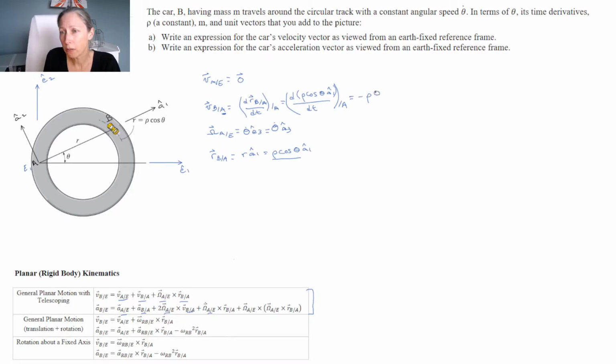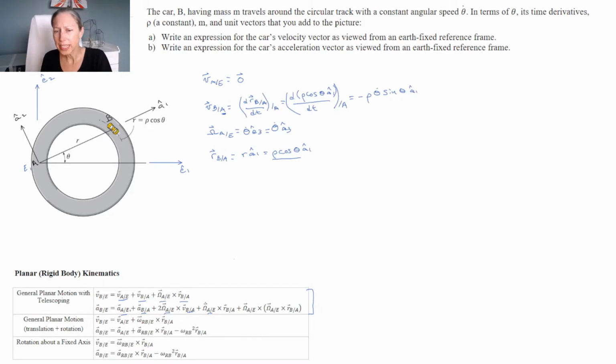This is going to be negative rho theta dot sine theta A1. If you didn't follow that, make sure you ask, and make sure you understand why this is true. All right, so I think that's pretty good.